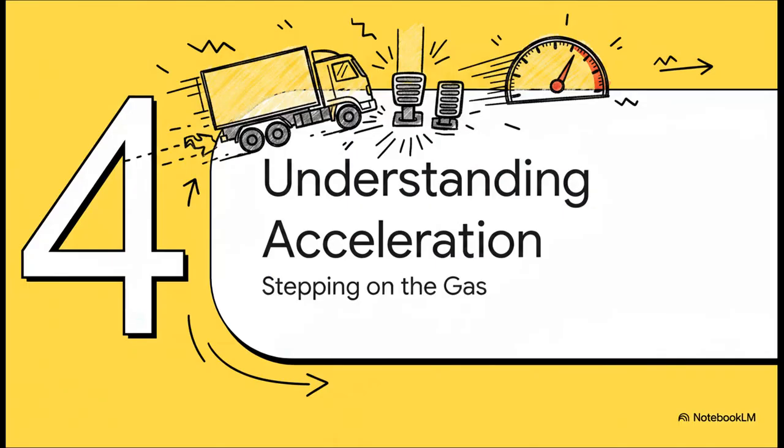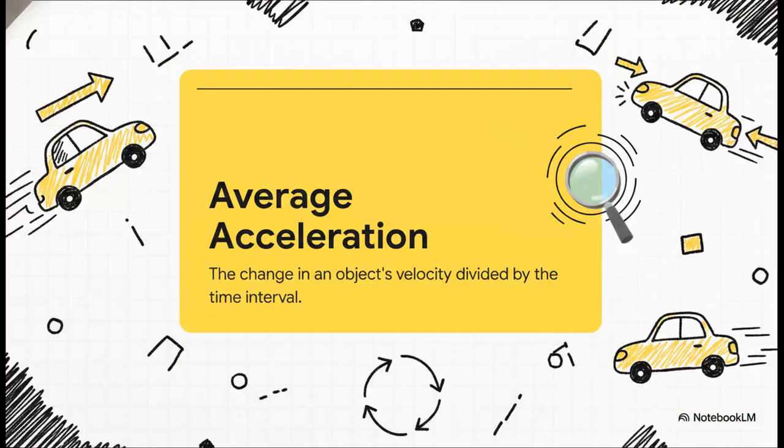Okay, so we've nailed down speed and velocity. Let's add the final, crucial piece to this whole puzzle, and it's going to bring us right back to that truck we started with. Let's talk about acceleration. Put simply, acceleration is just any change in velocity. And here's the key. Since velocity includes direction, acceleration isn't just about speeding up. It's any change in your speed or a change in your direction.